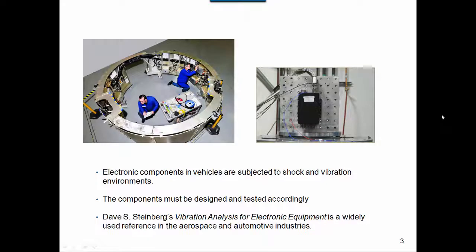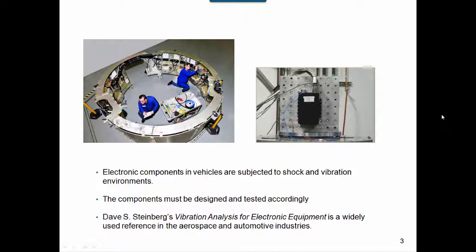Our concern here is going to be avionics boxes. Now on the left we have what you might call an interstage or a frustum shell or some other name. It's a portion of a rocket vehicle, or as we like to say, a launch vehicle.